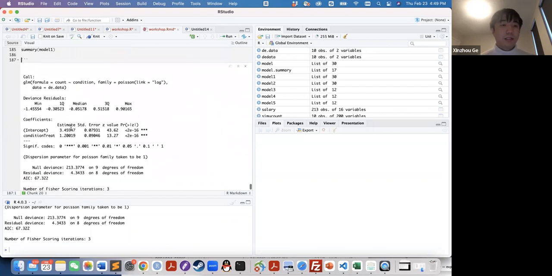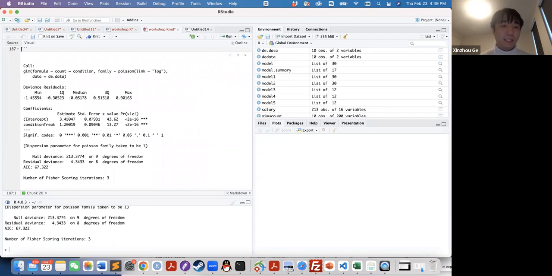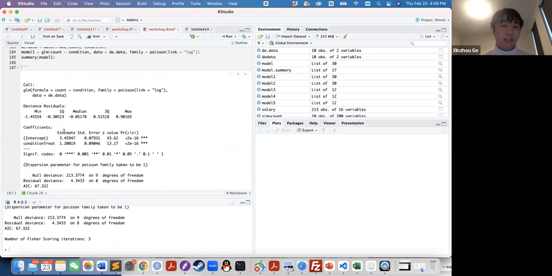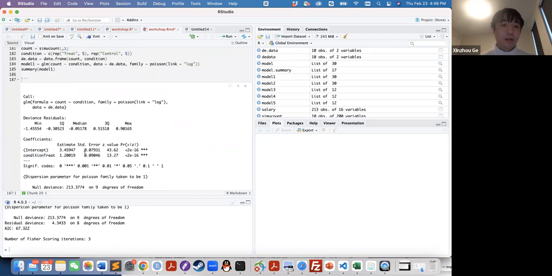We can see the estimated coefficient for the condition treat, which means that if the treatment condition goes from 0 to 1, we have a positive coefficient, which means an increase in the gene expression levels. If we look at the p-values, we can see that the p-value is very small, which means the relationship between condition and count is very significant.